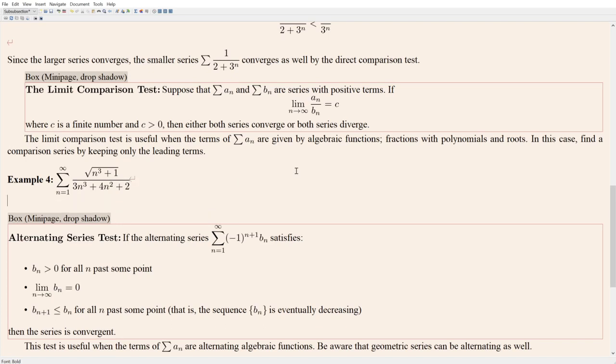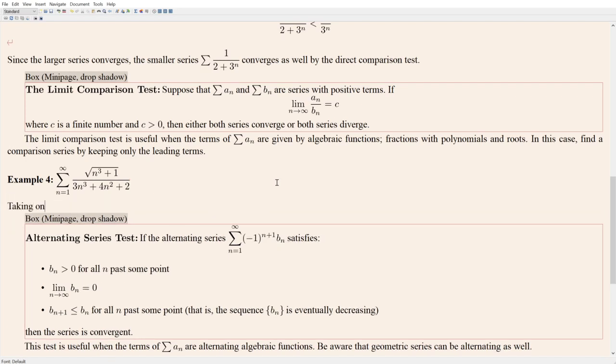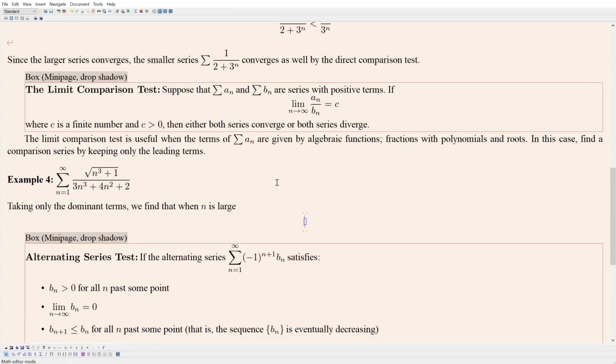So in this case, we can find a series to compare it to just by taking the leading terms and ignoring all the other terms. Right? Because when n is large, only the dominant terms are the ones that will matter.